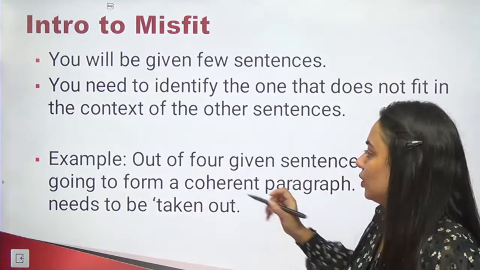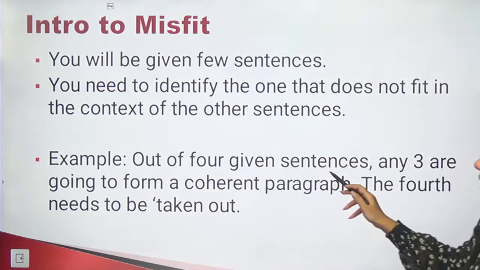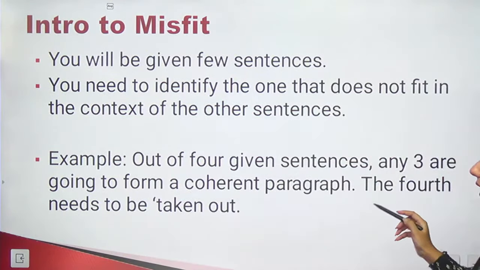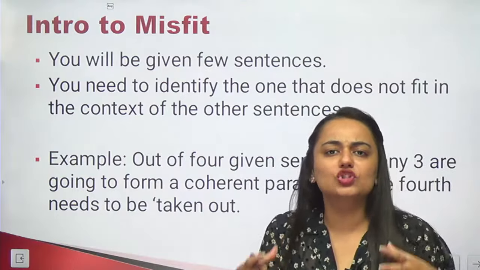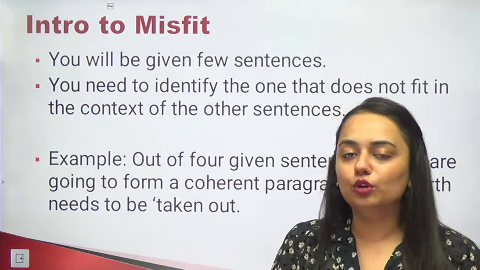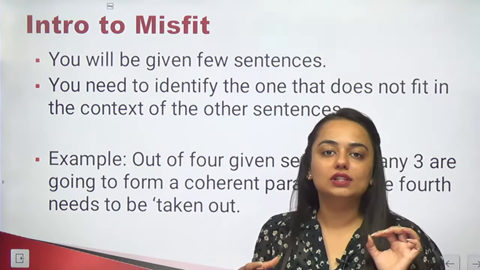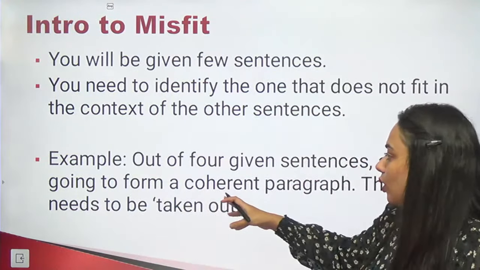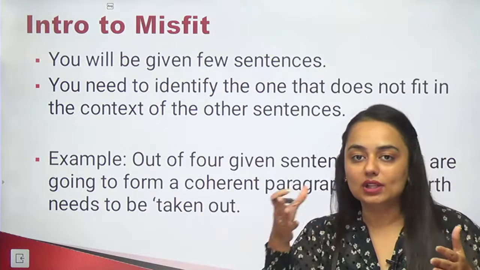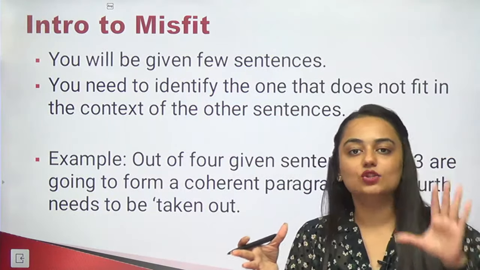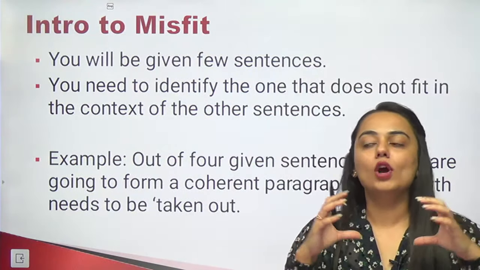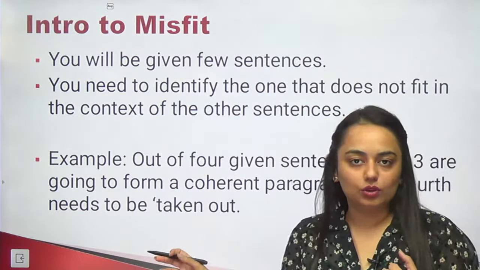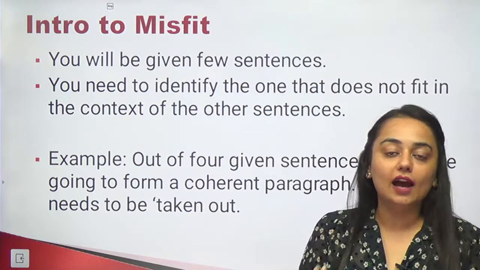For example, out of the 4 given sentences, any 3 are going to form a coherent paragraph. A coherent paragraph is one which is tightly knit, out of which you cannot take one of the sentences without distorting the meaning of that passage. So leaving that one sentence which is the misfit, the rest of the sentences will form a coherent paragraph, and the 4th needs to be taken out. That's what we have to do in the exam.